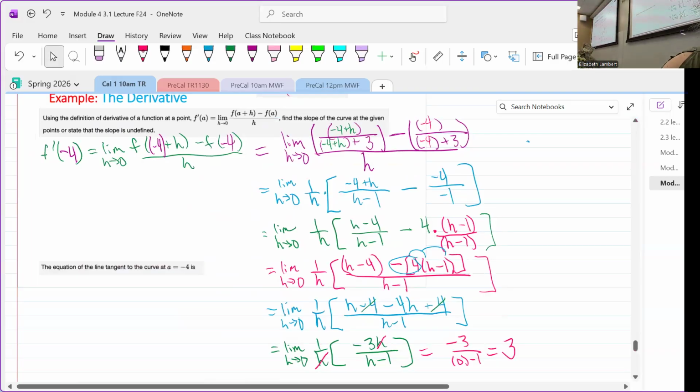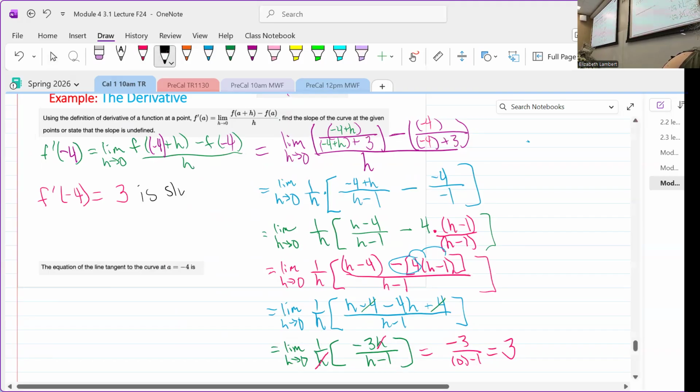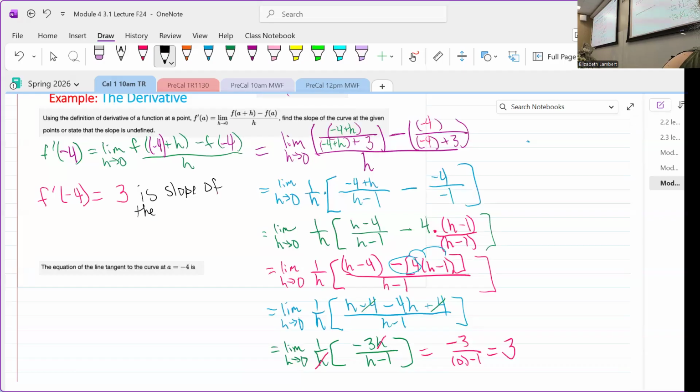So all of that work, f prime of negative 4 equals 3. So 3 is the slope of the tangent line at x equals negative 4.